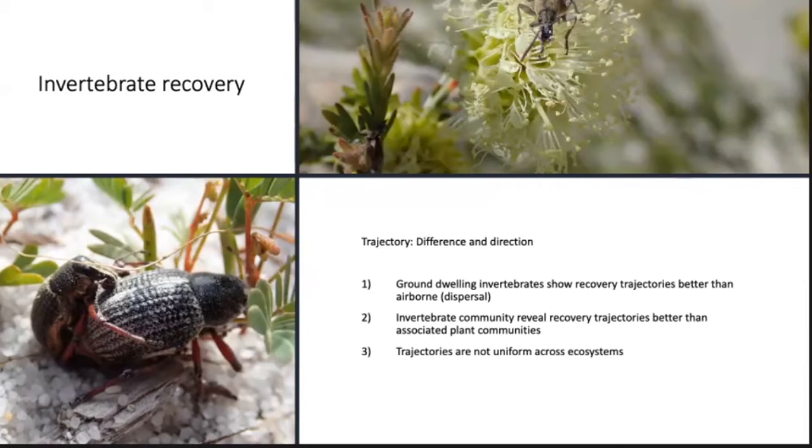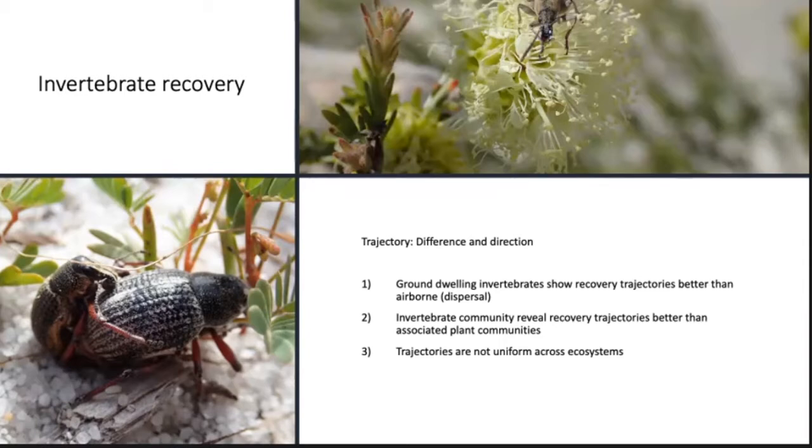The other thing is that invertebrate communities would show those recovery trajectories better than the associated plant communities. Because again, we're looking at the plant communities we get from the sequences on the invertebrates, so not necessarily the plants that are at that site, they could have been brought in from outside.